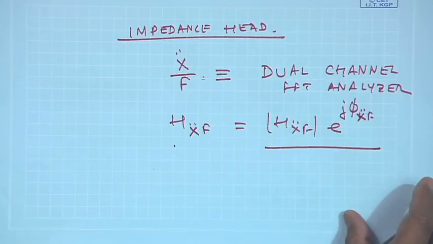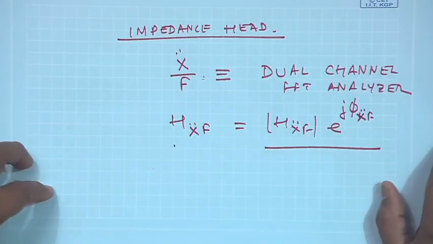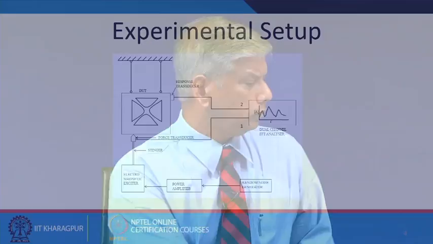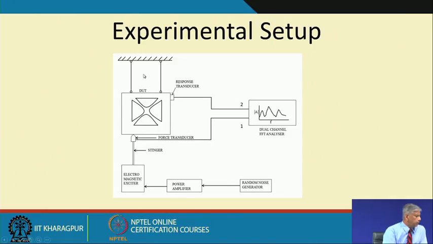So, we can get the responses out of x by f. This is an experimental view. This is the DUT, device under test. Sometimes, to simulate real conditions, we can hang them by strings. They are simply supported, or they can be put on air cushions, etc. So, this is my response transducer, and this is the random noise generator.